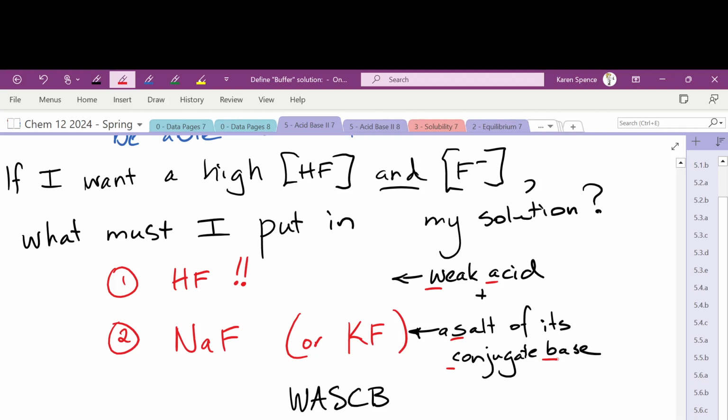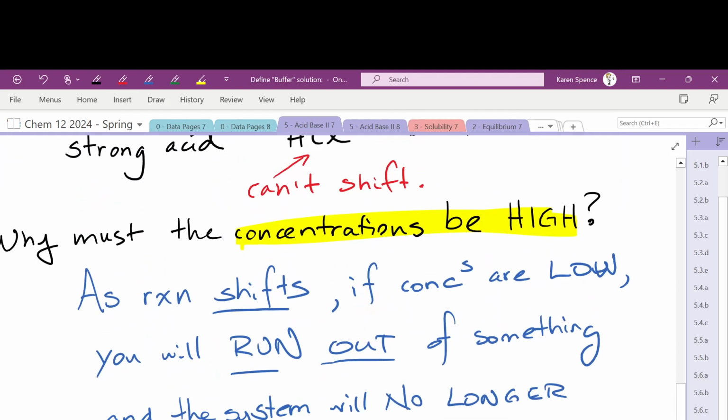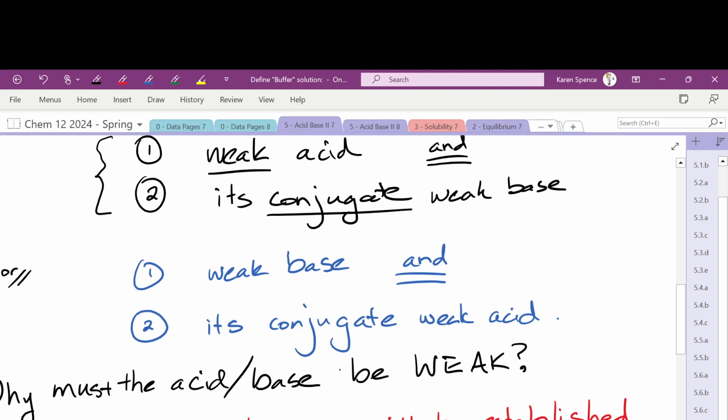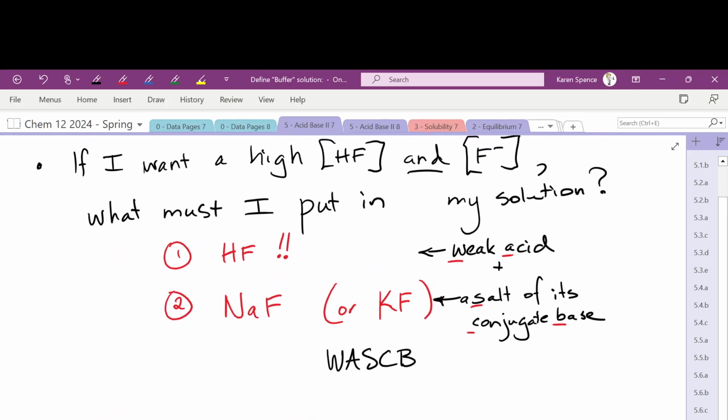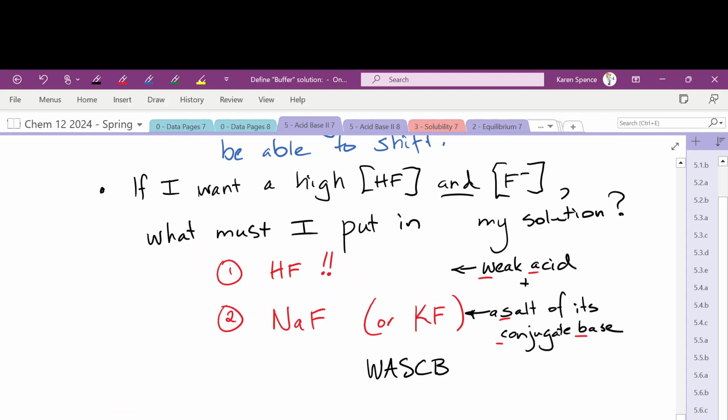What if we wanted the other type, the weak base and its conjugate weak acid? I would like you to come up with the formula of an electrically neutral weak base, not positive or negative.